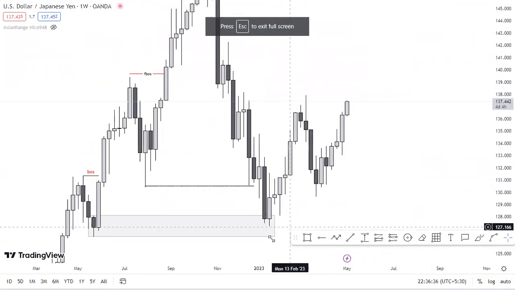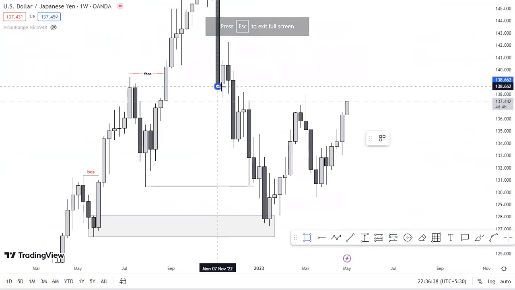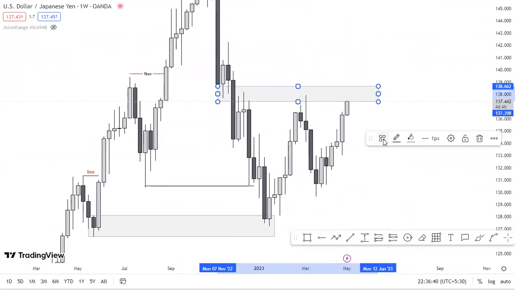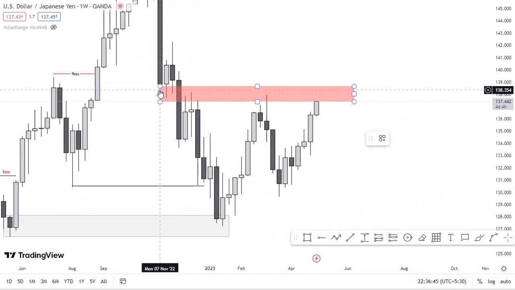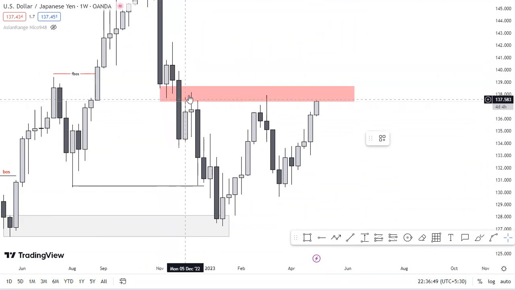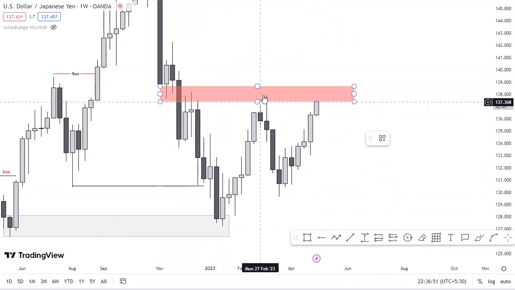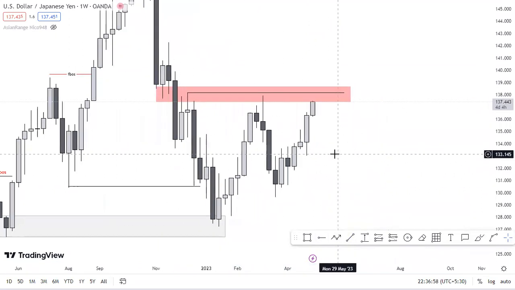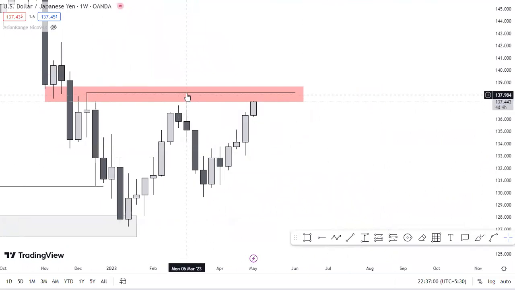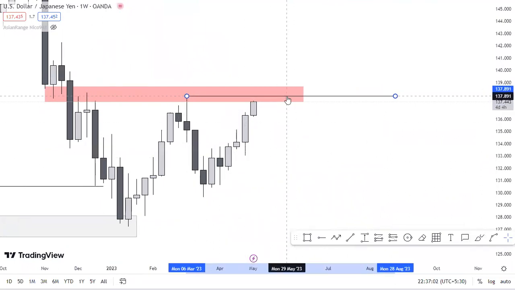It's a clear SNR level, right? Make sense? Price just got support here, and after support got broken, it resisted here and sold off. Resisted here and sold off. Now price must visit this place, right? That's why I'm aiming at this as a target. Clear?